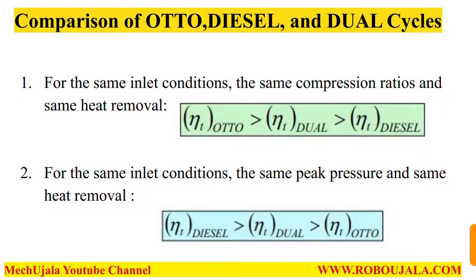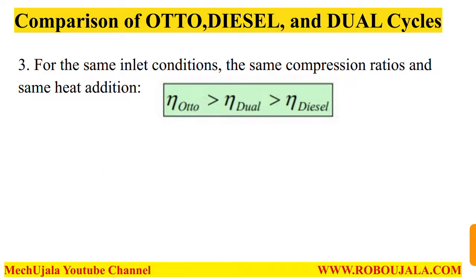In the second comparison, for the same inlet conditions, the same peak pressure and the same heat removal, we will get efficiency of the diesel cycle more than the efficiency of the dual cycle, which is more than the efficiency of the Otto cycle. So we are getting these two relations by using two comparisons.